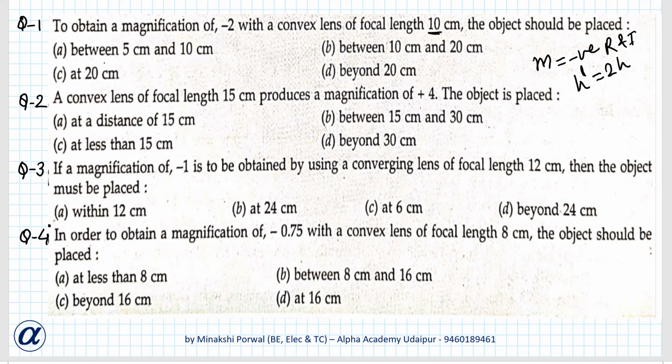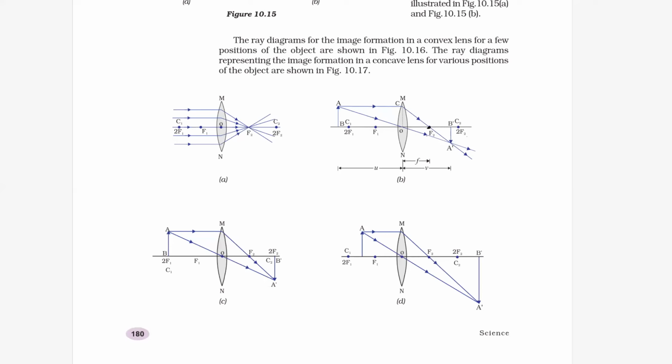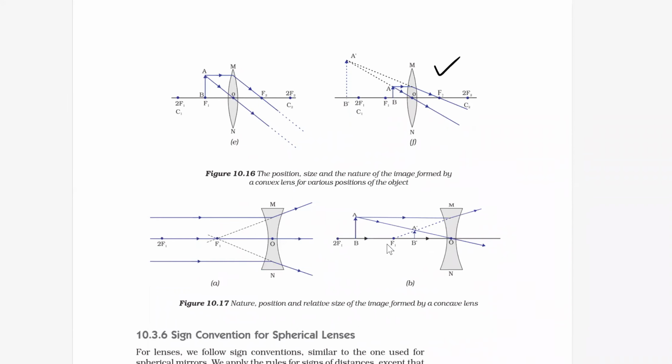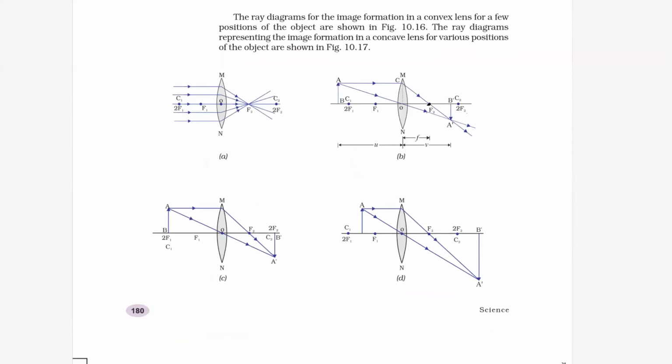Between 5 and 10 centimeter is when the object is placed at a distance less than the focal length. In this case, a virtual image is formed. So this cannot be the correct answer.